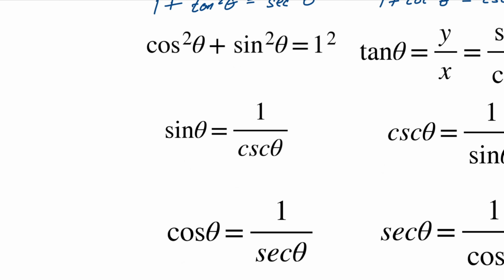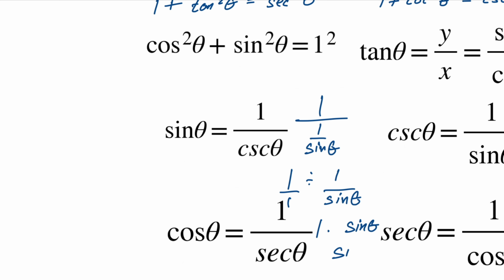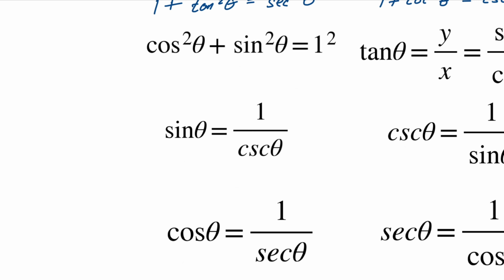If cosecant is 1 over sine, then this is the same thing as saying 1 over 1 over sine, right? And if you keep change flip, it's 1 times sine of theta, which brings you right back to sine of theta. Okay, so these do work. If you take 1 over the reciprocal, it just brings you right back to the original.